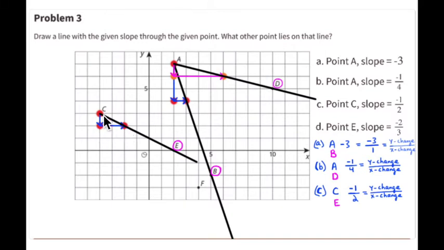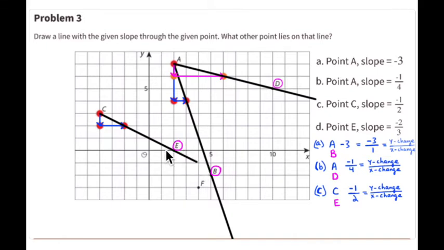Or you can say for every 2 units in the horizontal direction, there's a change of -1 in the vertical direction. And I still think it's better to start out with the horizontal direction and then look at the vertical direction. So for every 2 units, it's a change of -1.